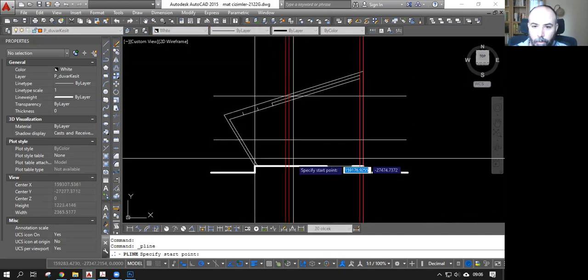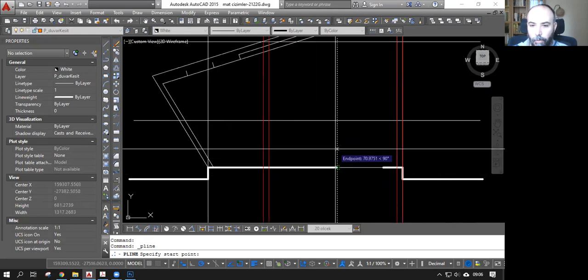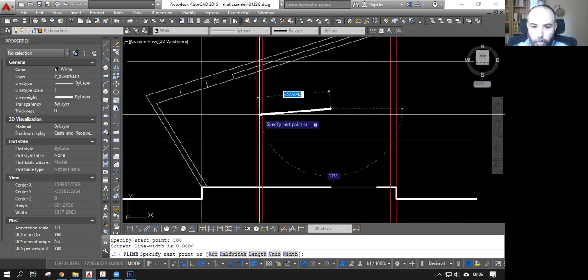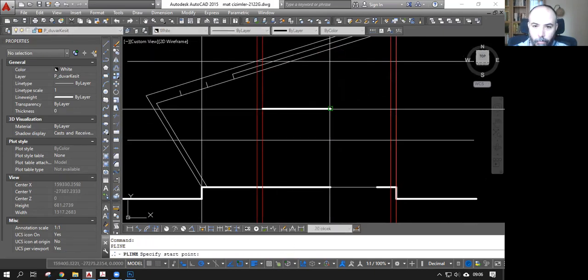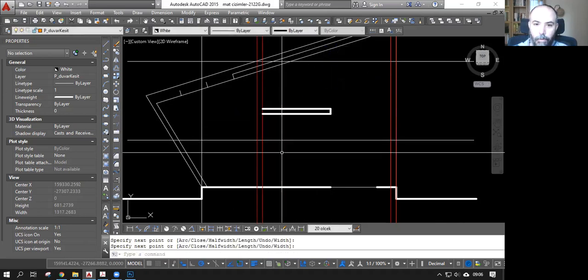Now, since this is the 0, 0 level, first I need to find my first floor level. That's 300 centimeters upwards, and the thickness of the floor is 20 centimeters.